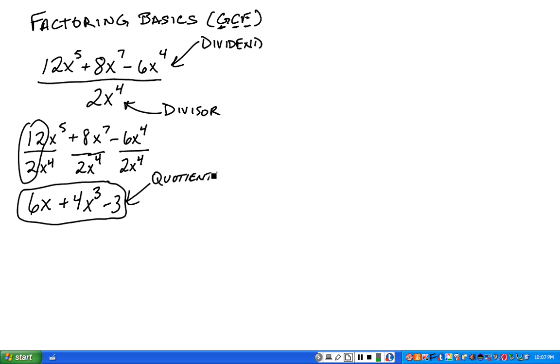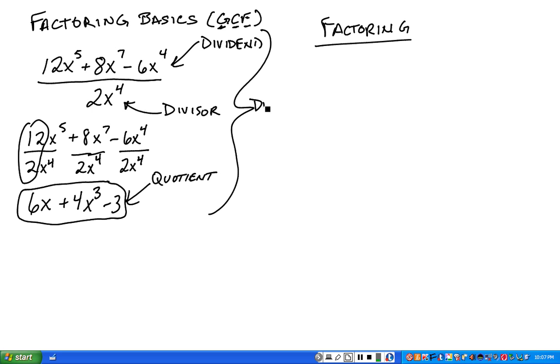Now, if we were talking factoring, what we're saying is if we're given the same problem, instead of dividing, now we're talking factoring. This right here is all an example of division.